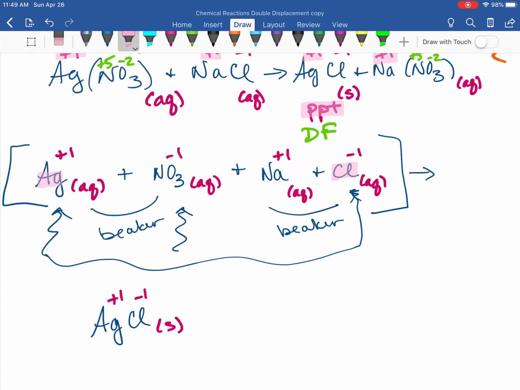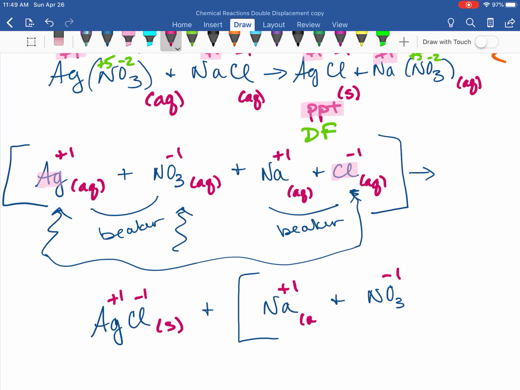They are no longer just floating around. They have now formed that precipitate that falls to the bottom of your flask. So those two ions right here have just removed themselves from the reaction. So we don't put them in brackets and you leave that bond together and they are a solid.